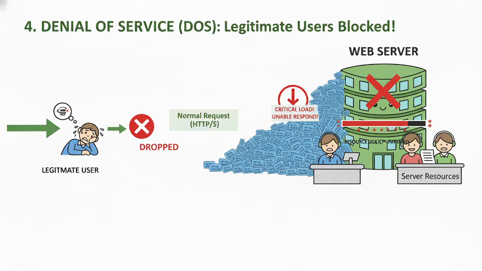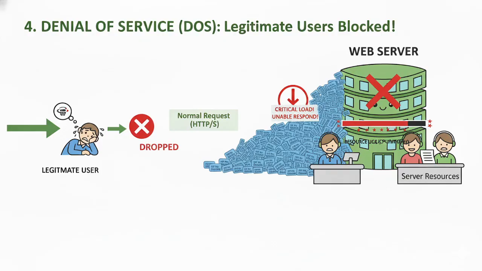With server resources fully saturated by the malicious flood, there is no capacity for genuine traffic. This effectively blocks legitimate users, fulfilling the attacker's goal of denial of service. So here the attackers win with their goals.